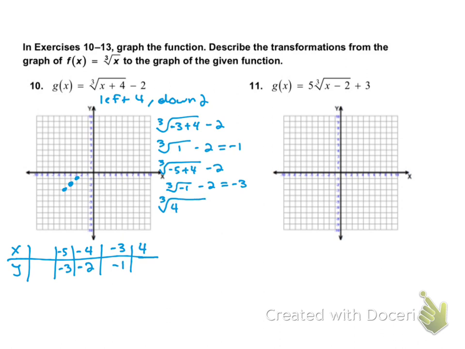Cube root of 4 plus 4 minus 2 gives me the cube root of 8 minus 2, which gives me 2 minus 2, which is 0. So I'll put a point there at 4, 0.